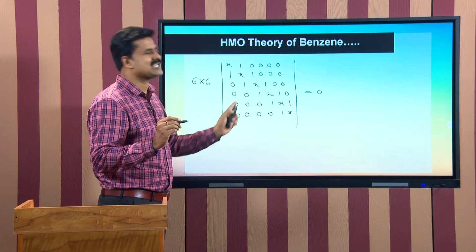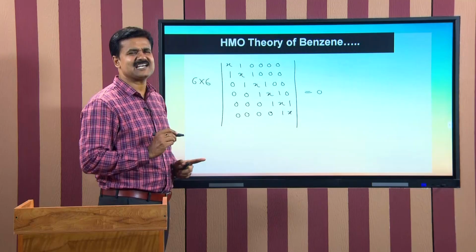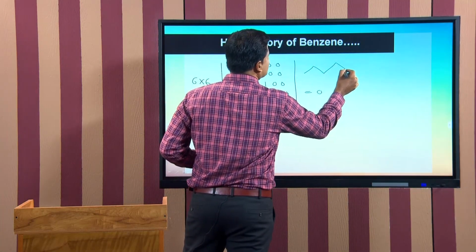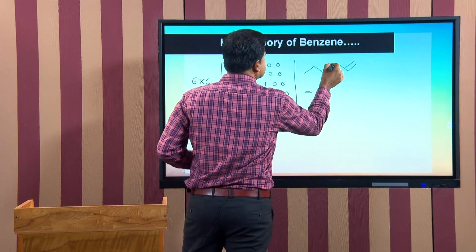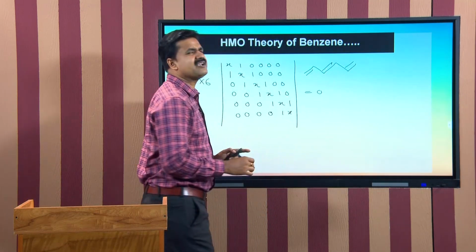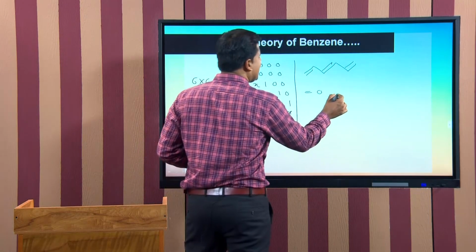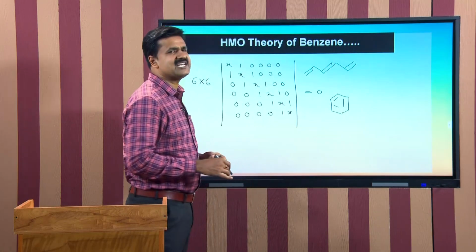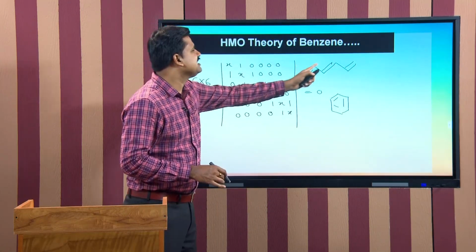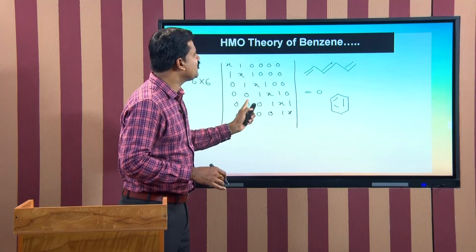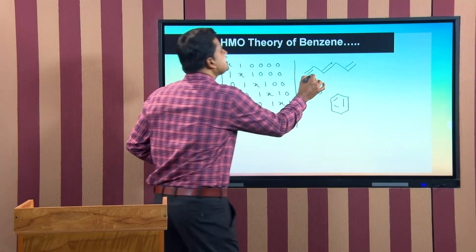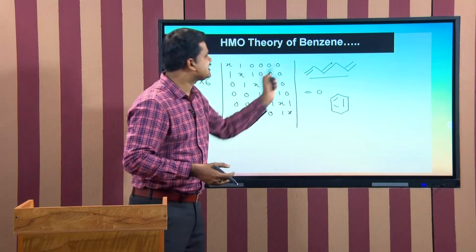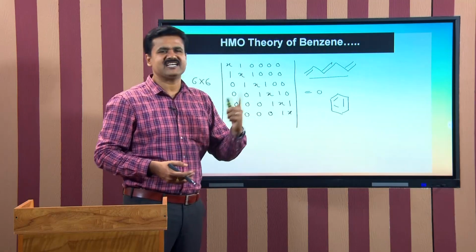This is actually the secular determinant for a 6 pi electron system like 1,3,5-hexatriene, which is open and not a cyclic molecule.